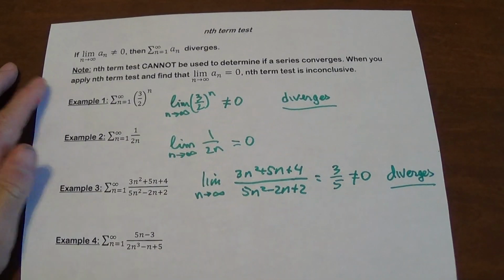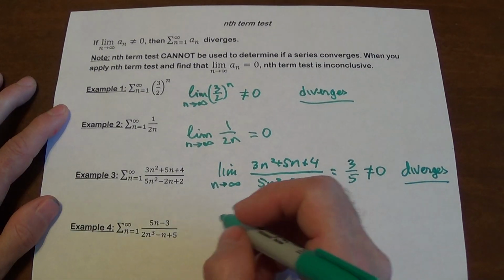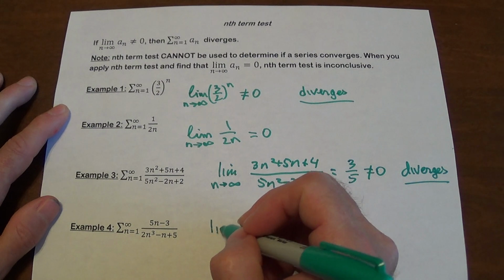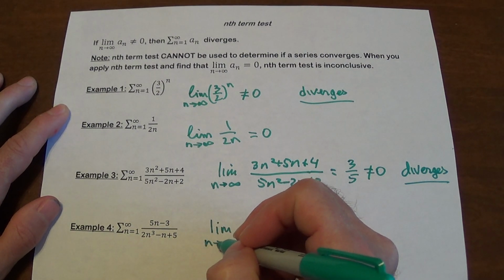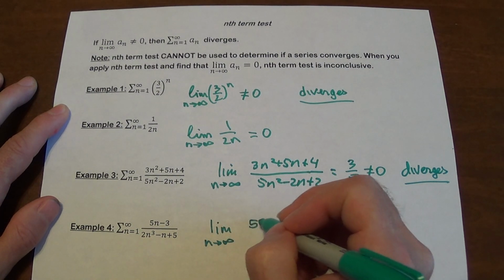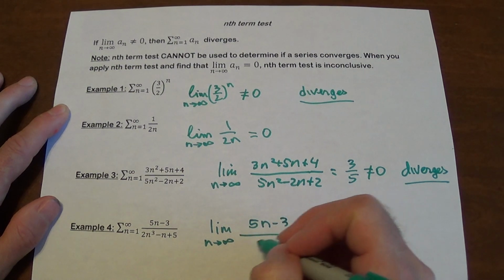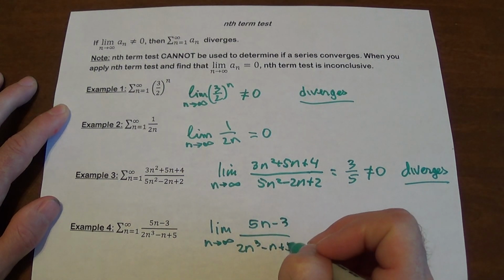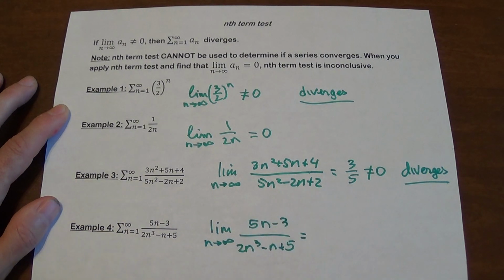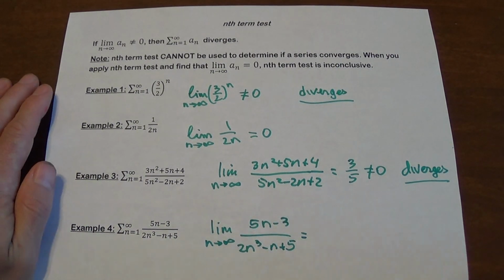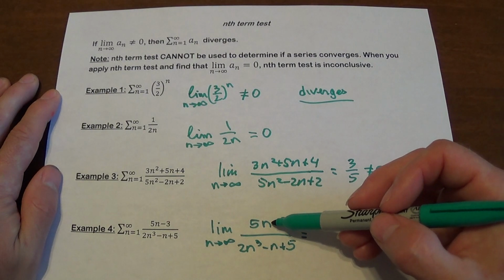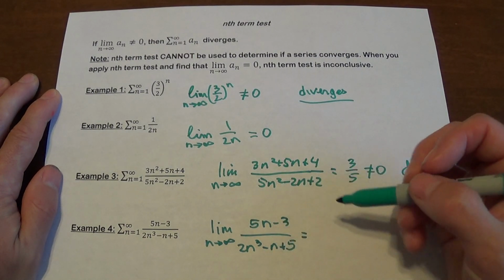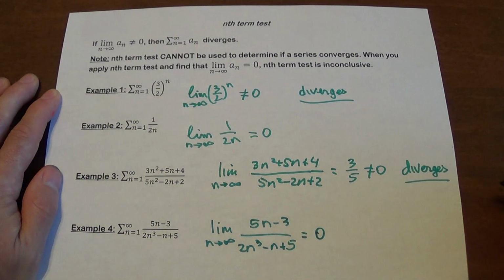Okay, and this last problem here is similar in a way. What we have here, because the degree in the numerator is lower than the degree in the denominator, this limit goes to 0.